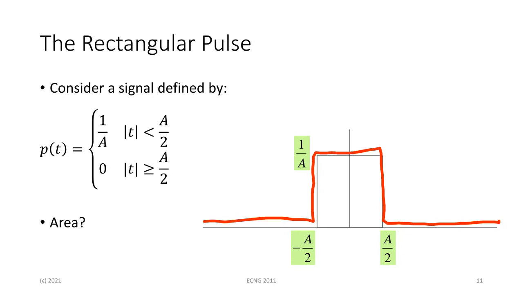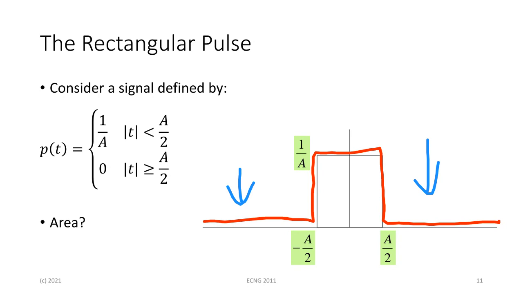Right? So the pulse, for mod A less than A over 2, here and here, is 0.